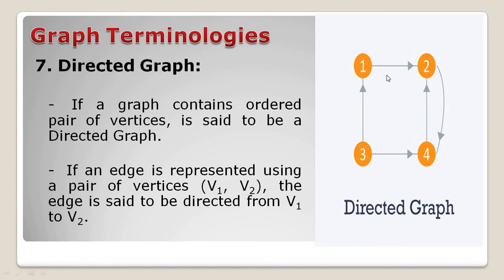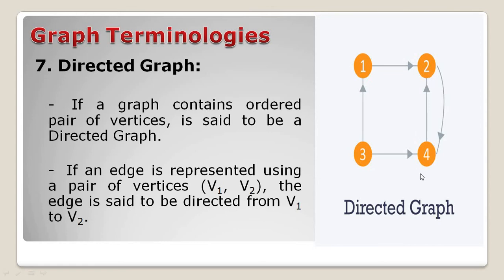Here we have one more example of a directed graph, with vertices or nodes 1, 2, 3 and 4, and directed edges like from 1 to 2. So 1 is the starting vertex and 2 is the end vertex. Again we have one more edge from 4 to 2, a directed edge.